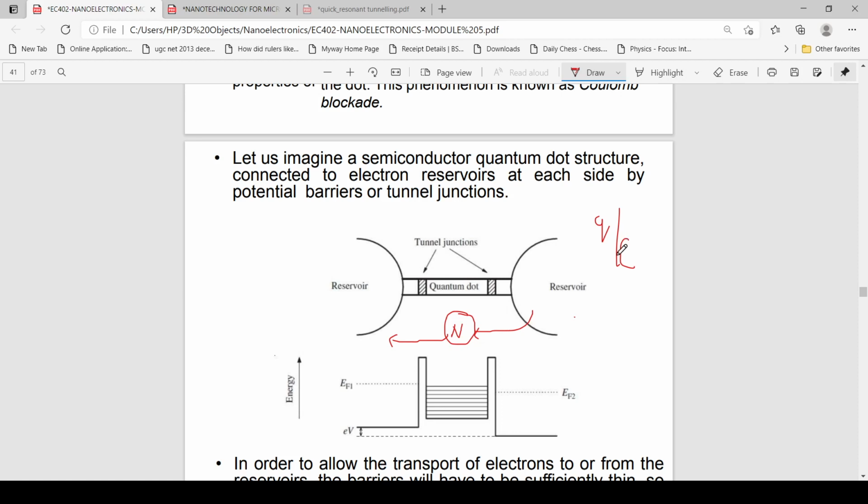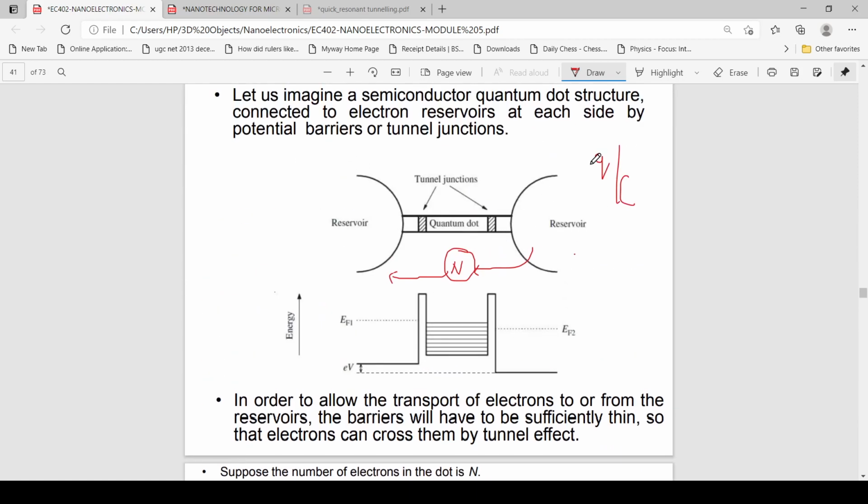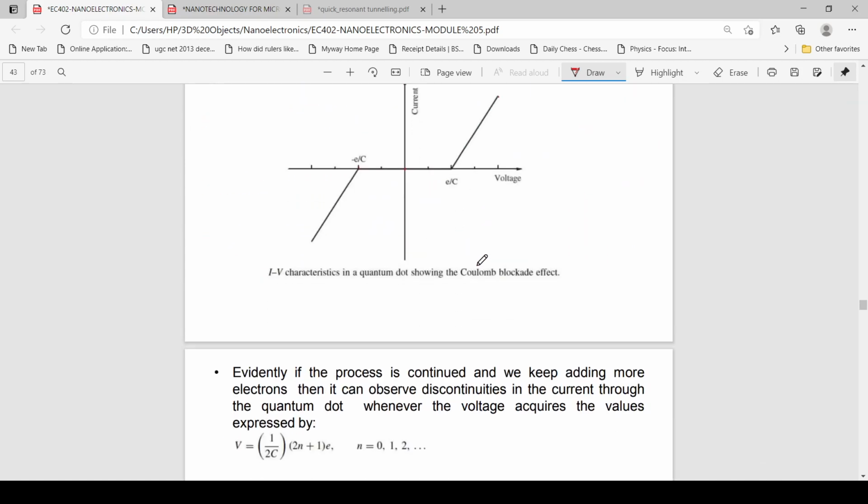So we can observe a sequential tunneling. There is some region where we can block the flow of electrons. That is Coulomb blockade.